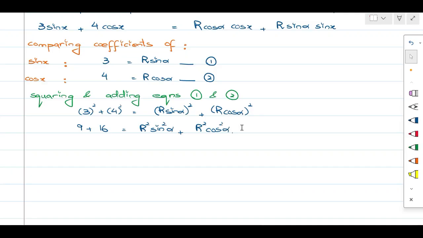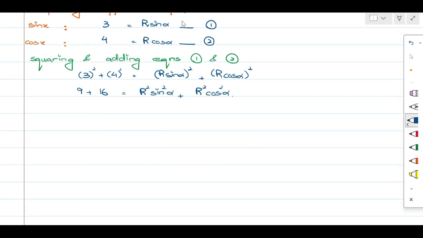Okay, now further simplification. 16 plus 9 is 25, and here we can take r square common. We are left with sin square alpha plus cos square alpha. And here we use the identity that cos square theta plus sin square theta is equal to 1. So their sum should be equal to 1.